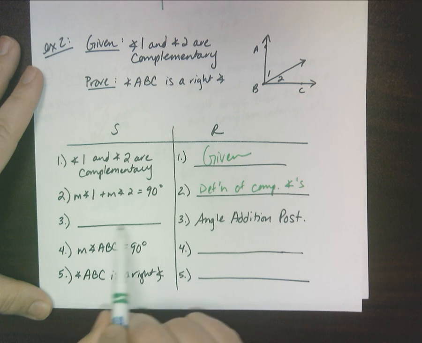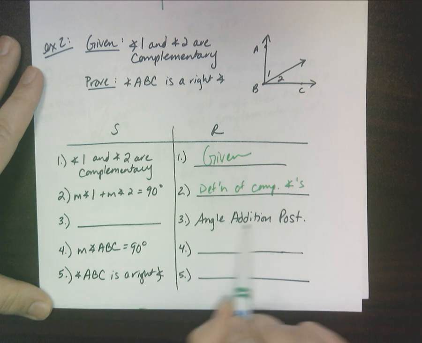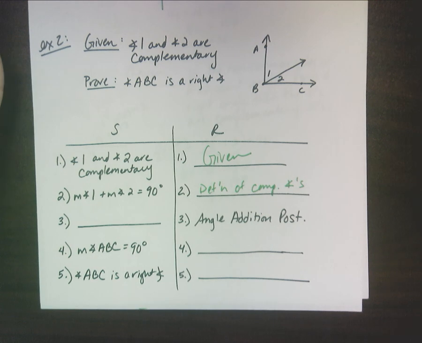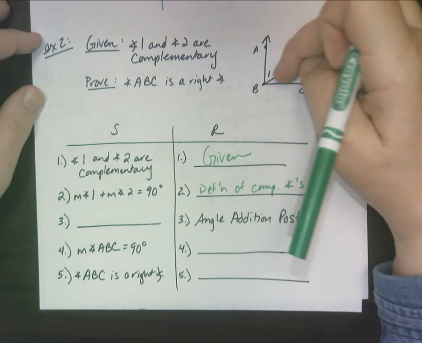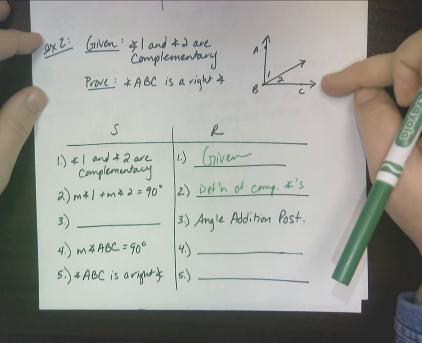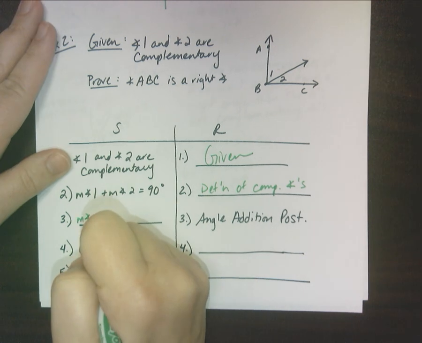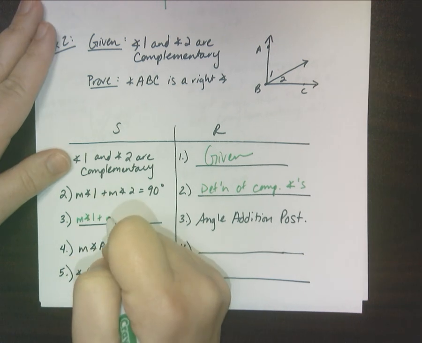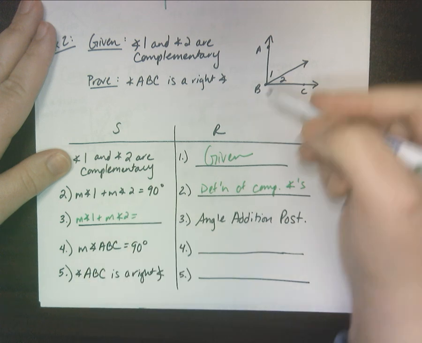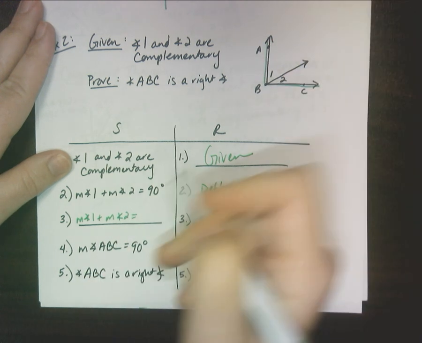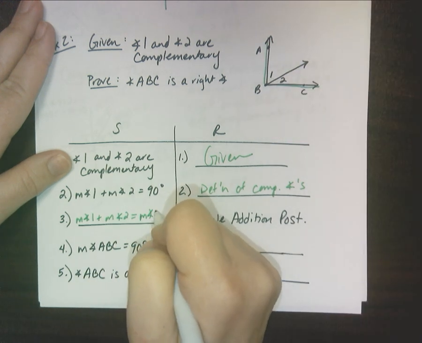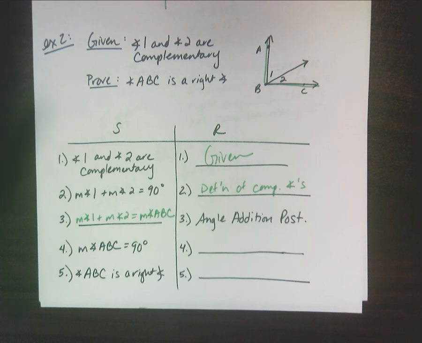All right, now, they didn't give us a 3, but they did tell us they want us to put an angle addition. We know angle addition is just like segment addition. This guy and this guy make the whole guy. So I'm going to say the measure of angle 1 plus the measure of angle 2 make the whole guy, measure of angle ABC. Angle addition postulate.